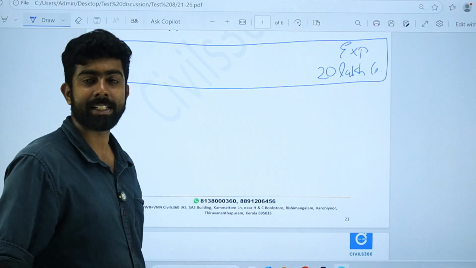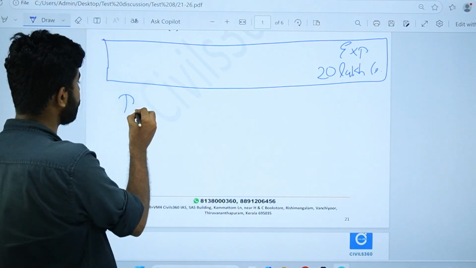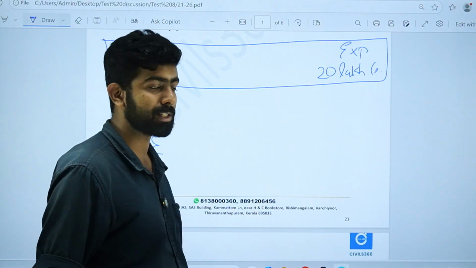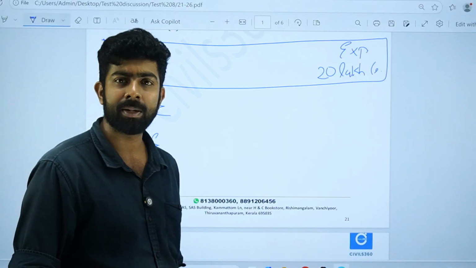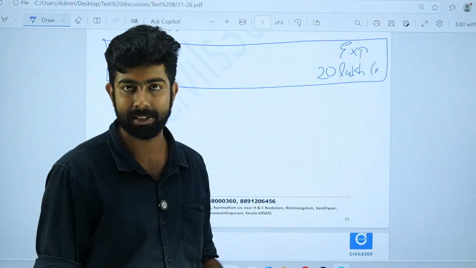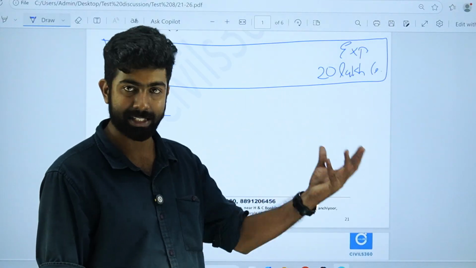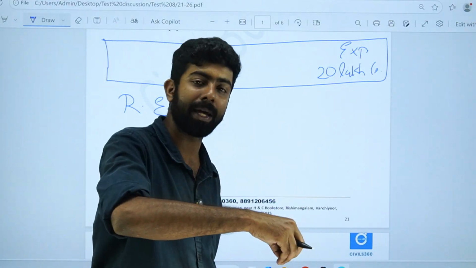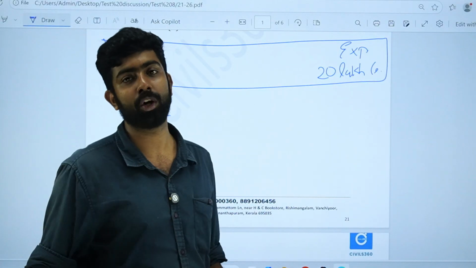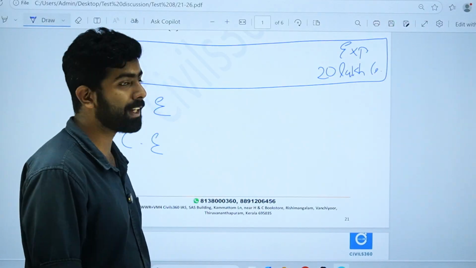Expenditure is again divided into revenue expenditure and capital expenditure, right? Revenue expenditure includes salaries and interest payments. If the government had taken a loan, the interest payments to meet that loan obligation are a revenue expenditure.